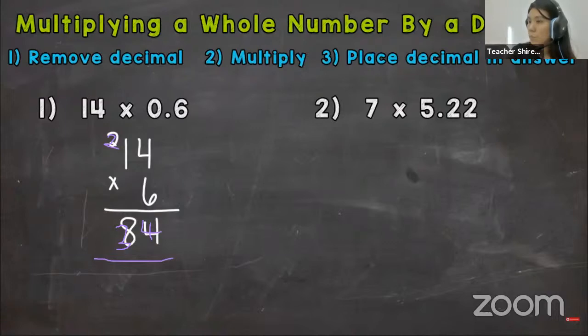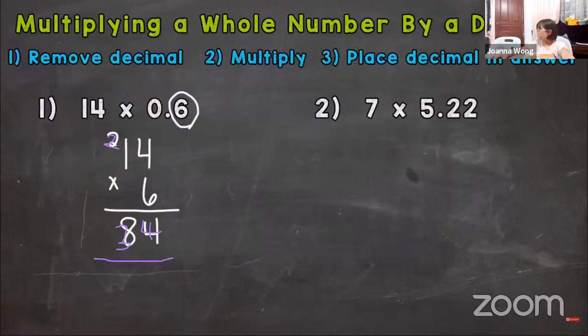I like circling any digits to the right of a decimal so I make sure I include everything. We have 1 digit behind a decimal. That means our answer has to have 1 digit behind the decimal. So this 4 will be our 1 digit, and we can place our decimal right there.